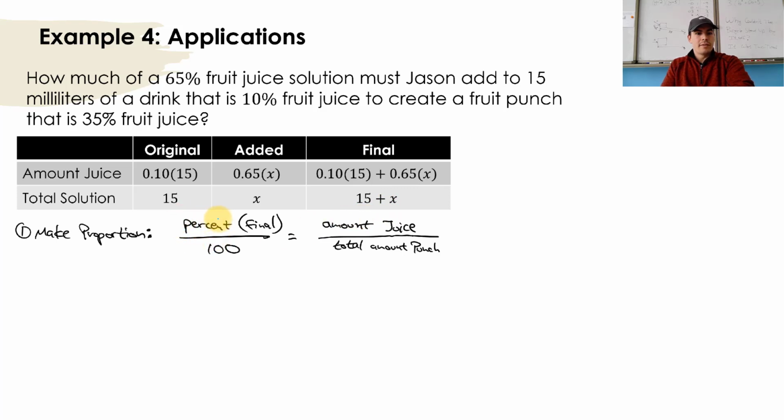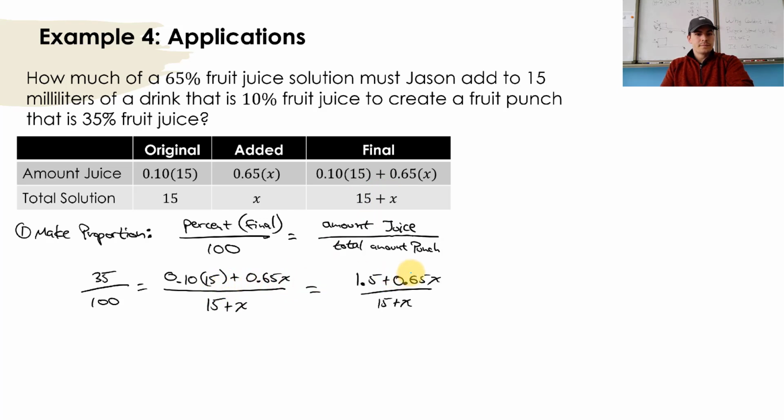Okay, so we have the final percentage over 100 is going to be equal to the amount of juice over the total amount of punch or the total solution. Okay, so we are ending with a 35% fruit juice. So we have the final amount of juice over the total amount of the punch that we've made. So then we can go ahead and cross multiply once we get to here.